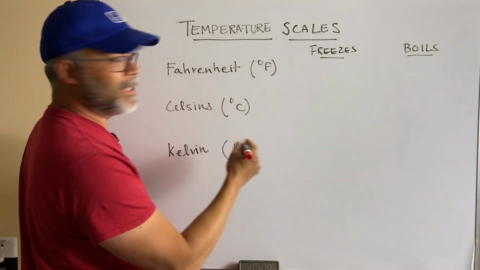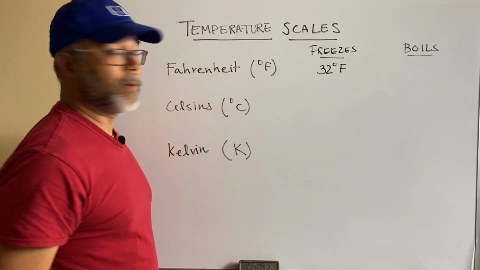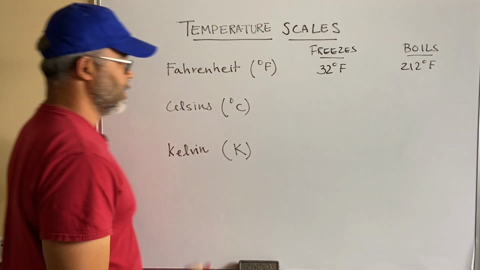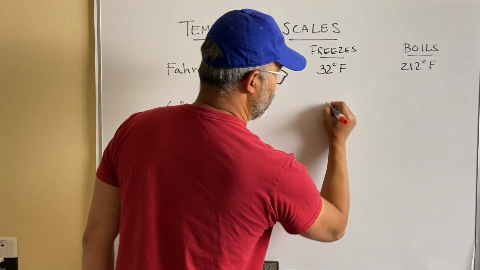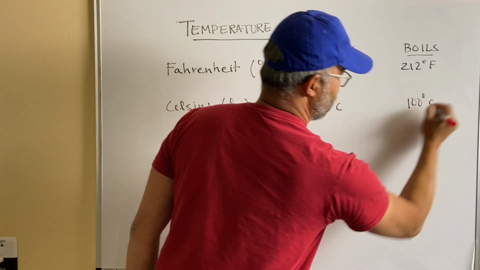So on the Fahrenheit scale, water freezes at 32 degrees Fahrenheit and water boils at 212 degrees Fahrenheit. On the Celsius scale, it's 0 degrees Celsius and it boils at 100 degrees Celsius.